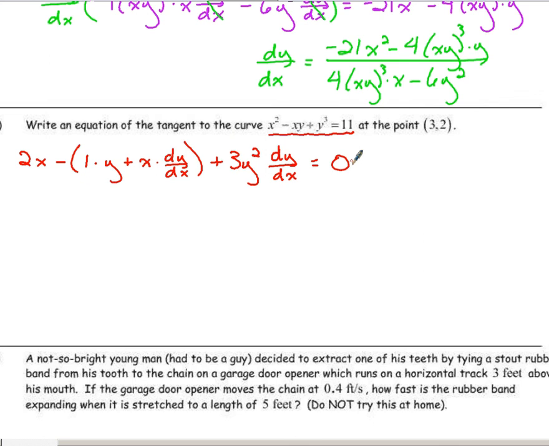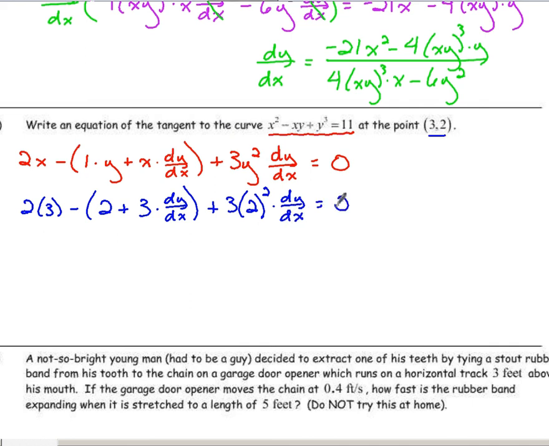If we know that, we've got this point over here where x is 3 and y is 2. Let's go ahead and replace all the x's and the y's: x with 3, y with 2. When I do that, I've got 2 times 3, minus, all right, y here is 2 plus x is 3 times dy/dx, plus 3 times 2 squared times dy/dx, all equals 0.